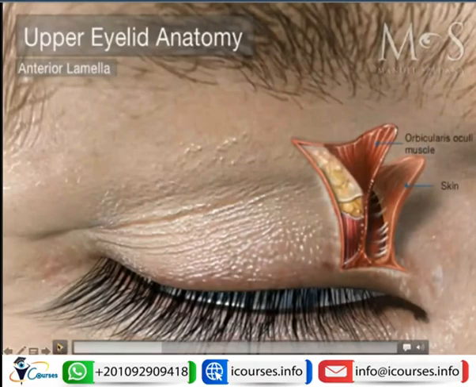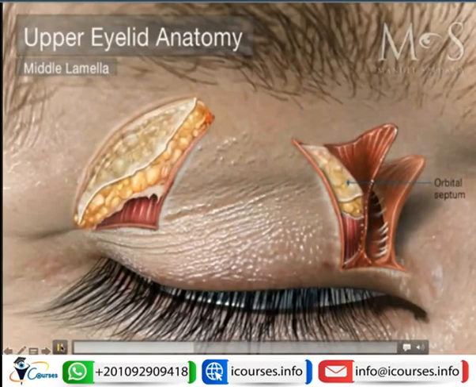After this, we reach the orbital fat, called the preaponeurotic pad of fat. It is just beneath the orbital septum. If we open the orbital septum, just behind it will be the preaponeurotic pad of fat. This is in the orbital part, not on the tarsal part.